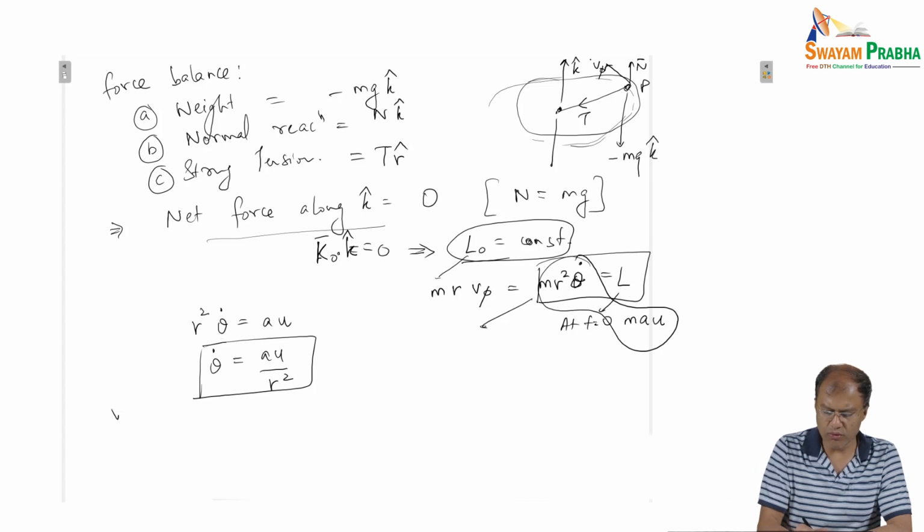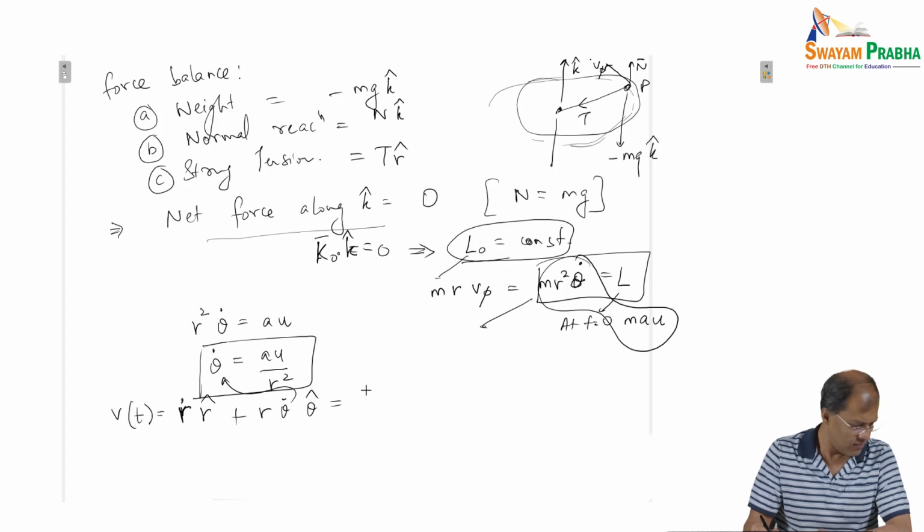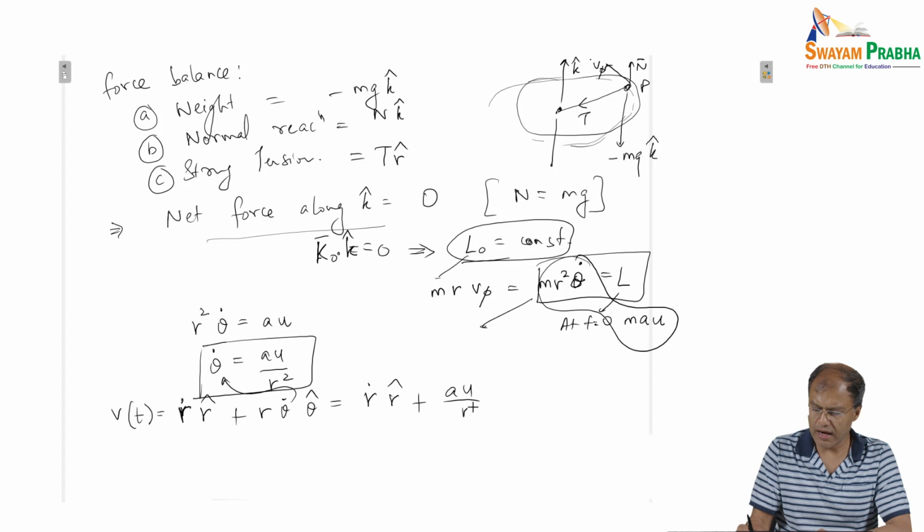Now we can write down the velocity at any given point of time. So v of t is the radial component r dot r hat, plus r theta dot theta hat. And of course we can plug in the formula for theta hat here to see that this is r dot r hat plus au by r times theta hat.